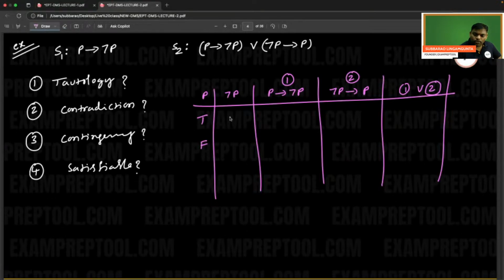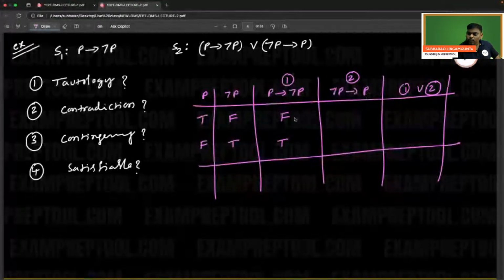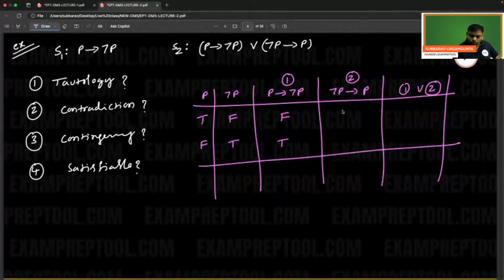Negation is false, true. Now P implies negation P is false, then true. Negation P implies P is true, then false.